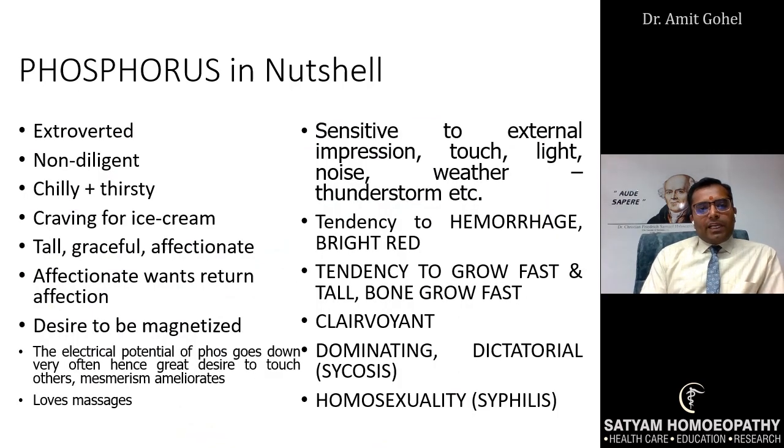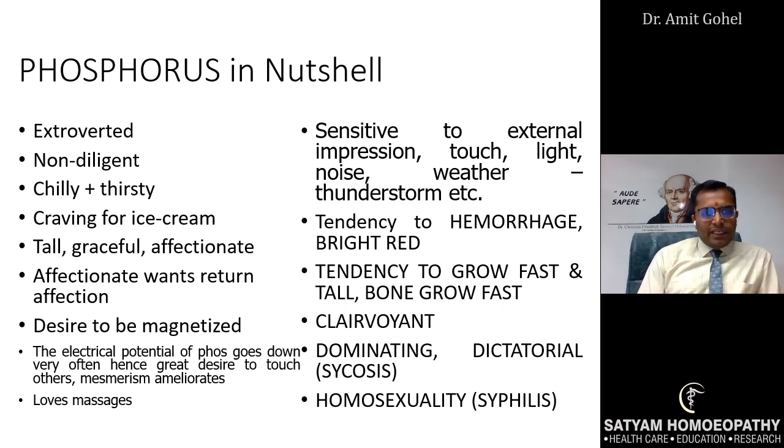So I prescribed phosphorus. Phosphorus in a nutshell: the phosphorus personality is very extroverted, non-diligent, chilly and thirsty. The most common physical point is craving for ice cream. Many a time when we have to rule in the patient, we have to ask, do you like ice cream or not? And the phosphorus patient always says, I love it the most, my favorite is ice cream.